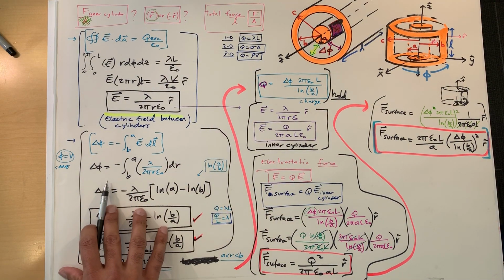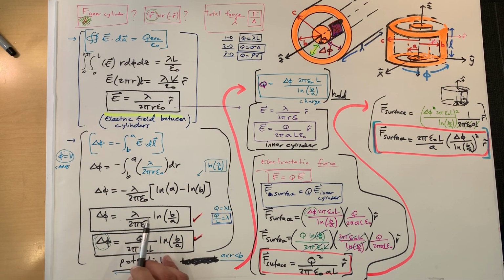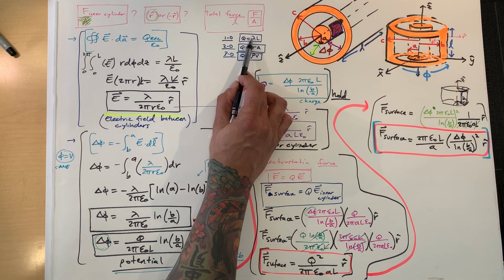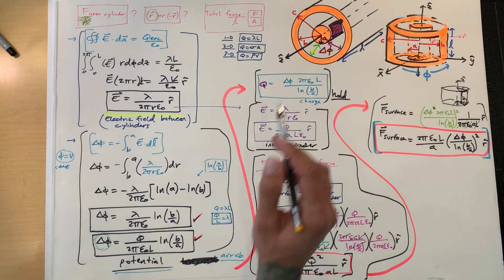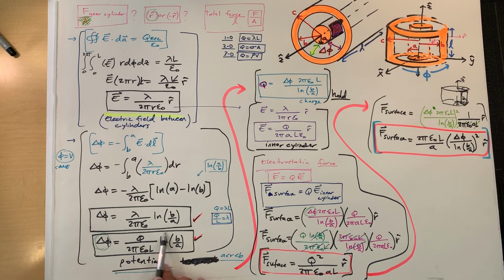And we see that we can represent the potential with lambda over 2 pi epsilon naught, or we can change this lambda, which is the 1D charge, the line charge, and represent it like this. Both of these are the same. We just replace Q over L with this lambda here.